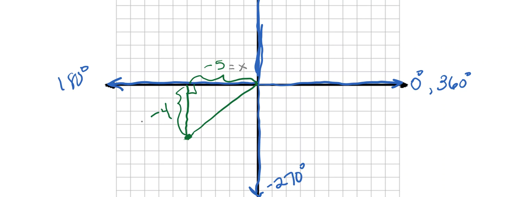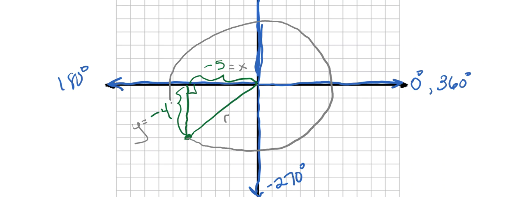This is going down, so this would be my y. This, the distance from the origin to the outside, is called r, because many times in trigonometry we use what's called a unit circle, and all the points that are that same distance from the origin, r, have similar ratios as we move around.